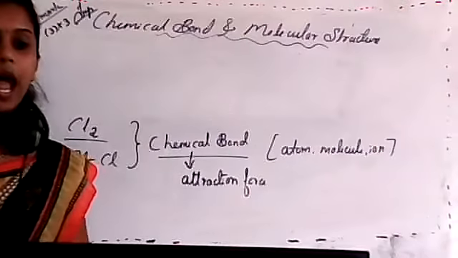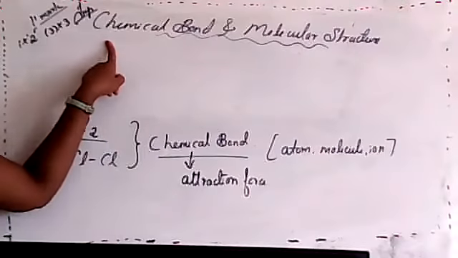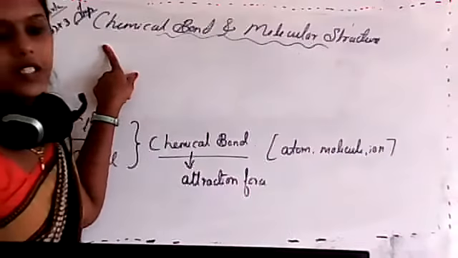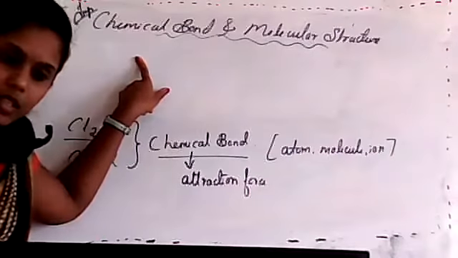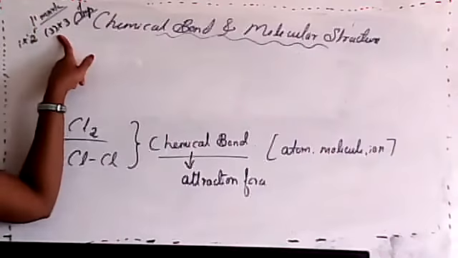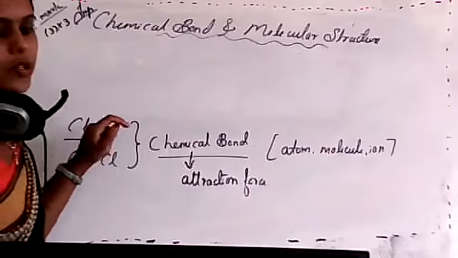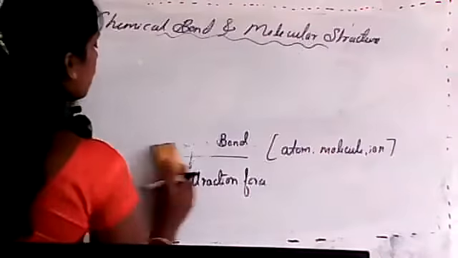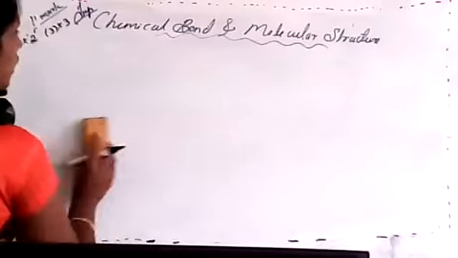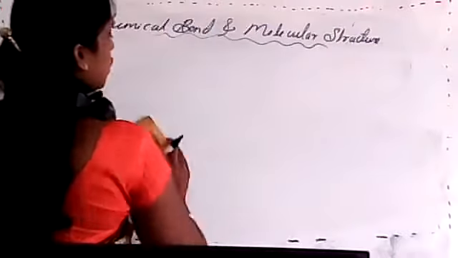Clear, student? We consider this chapter under inorganic chemistry, and we will get these questions in our inorganic section. In this chapter, we are going to learn about chemical bonds and the molecular structure of the system.